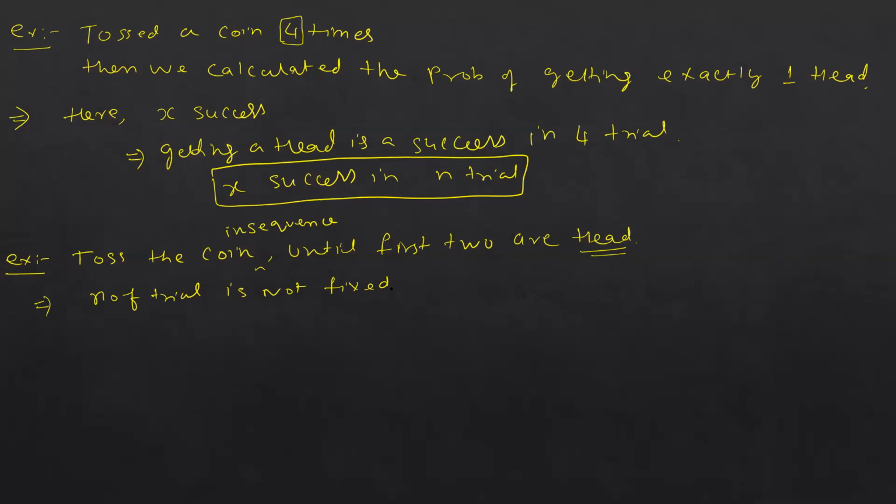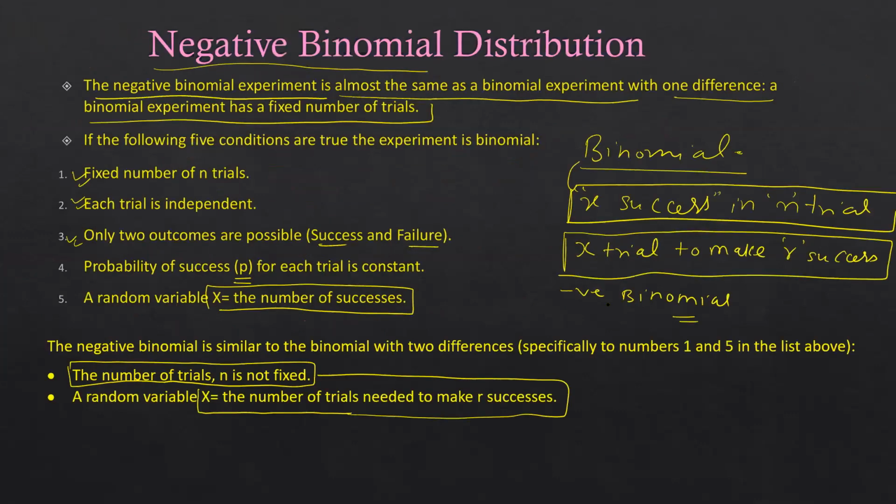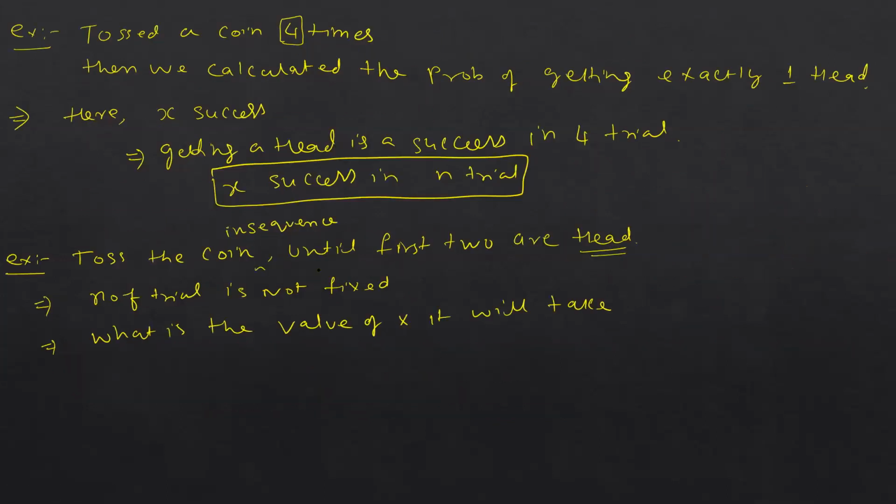What value of x may it take? For the binomial distribution case we have x trials. Here the number of trials is not fixed, which means x is not fixed, because x is the number of trials in the negative binomial distribution.